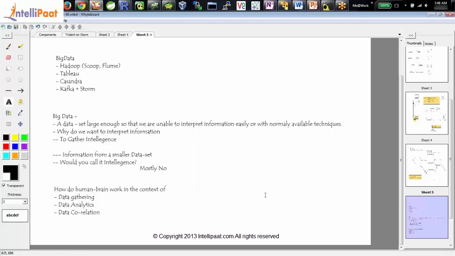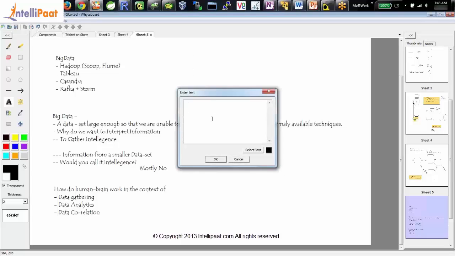The base idea is that when you have a larger data set, you predominantly talk about something called Bayesian law.